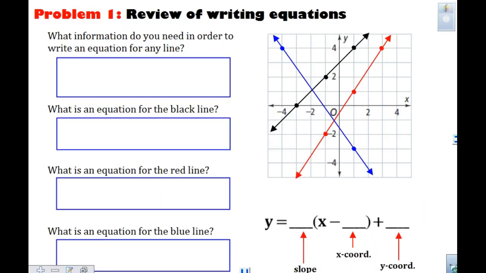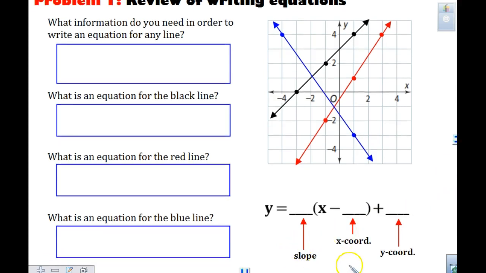So reviewing equations on the bottom of that page, we already said that this form at the bottom is point slope form, right? So we need our x-coordinate, our y-coordinate. So when you are looking at yours, I need you to put the word red by this first one, right? So let's put red by the red line. Because in yours, in the notes, you can't tell the colors, right?